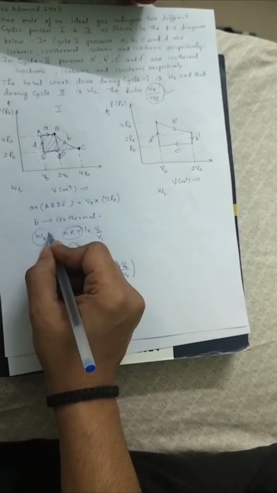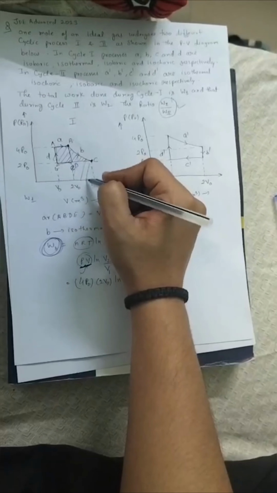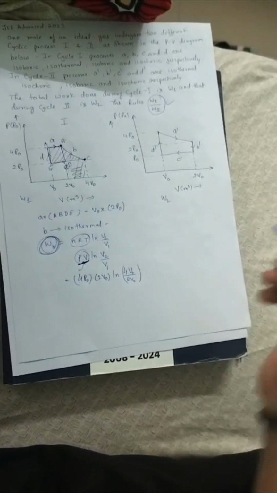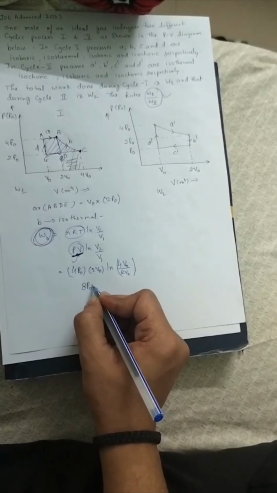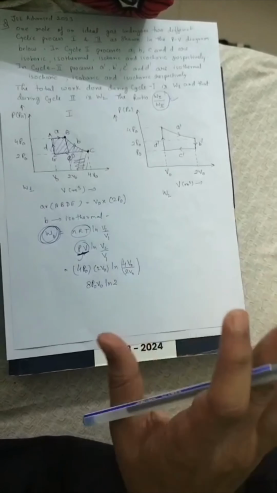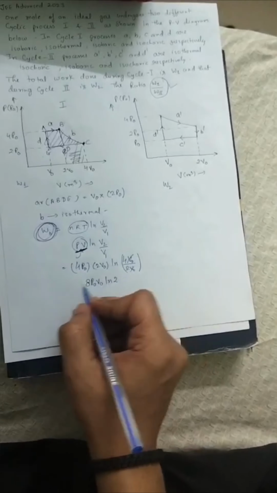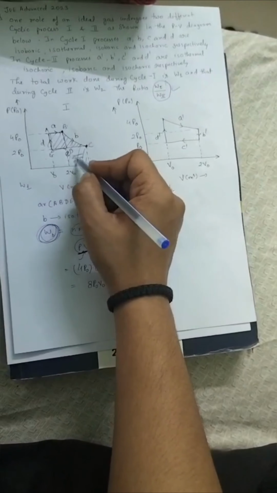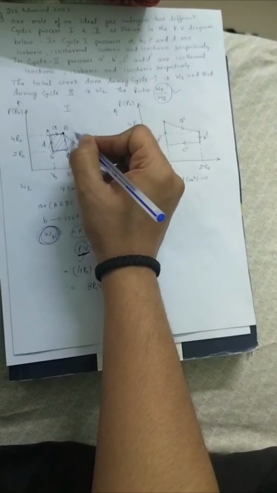This is going to give you this entire area, so you need to subtract this area. Are you getting? It is very simple. 4 2s are 8 P naught V naught, and this will become ln 2. It's not a very difficult thing. But we need to subtract this rectangular region just below this cycle.